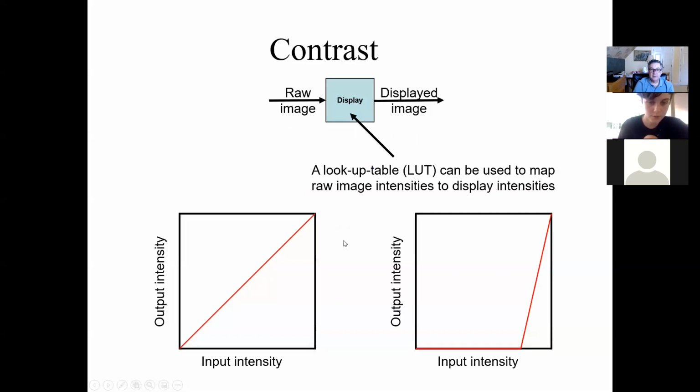And so if we were to look at that in a maybe more formal way, this is often called a lookup table. And the idea is, of course, your display system requires you to take all your pixels and scale them, and I'm just talking about monochromatic right now.